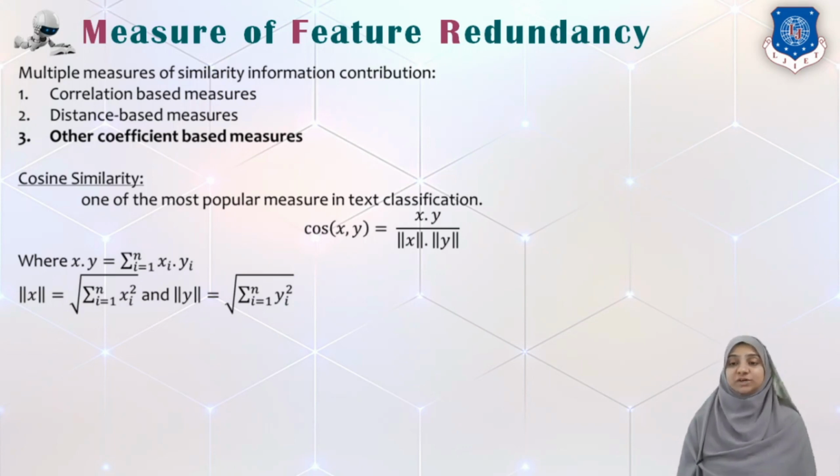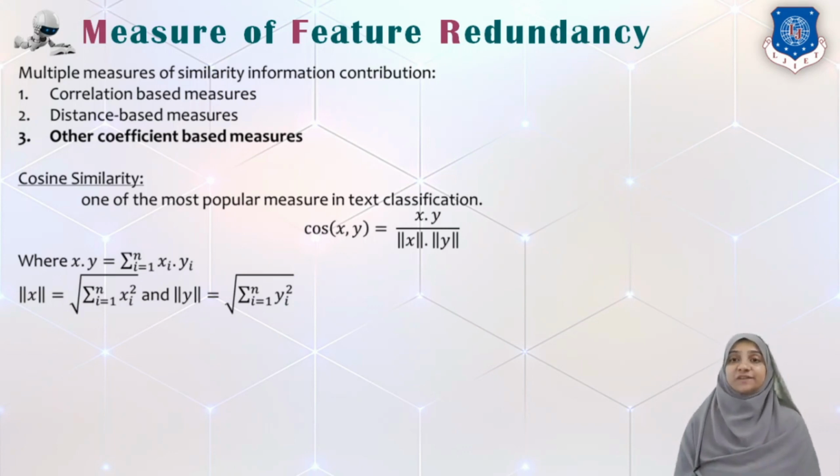Cosine of two features x and y is calculated as cosine of x comma y is equal to x dot y divided by double modulo of x into double modulo of y. Here x dot y is calculated by multiplying each data point or data instance and taking its sum.